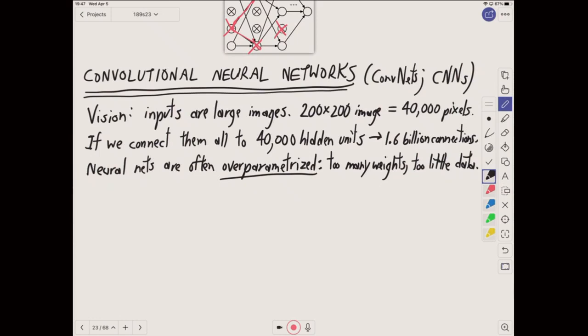That's a rough, good rule of thumb, though I did tell you about this phenomenon of double descent. What double descent tells us is that sometimes over-parameterization is good. It actually can lead to good test errors or test accuracy. But the bigger problem is just the amount of time it takes to deal with a network with a billion weights. That makes the network very, very slow to train, even kind of slow just to use it to classify things. We would like not to have 1.6 billion weights that we have to do math on just to classify one image.